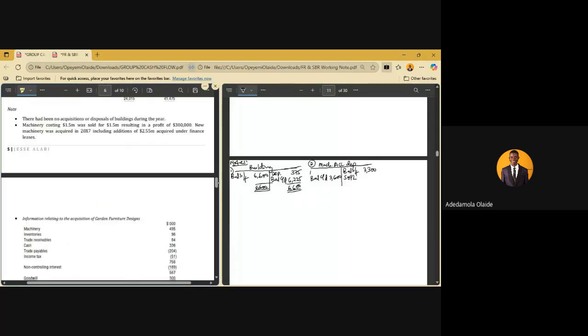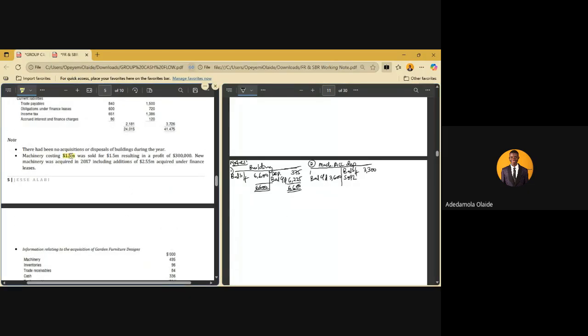We were told that machinery that cost 1.5 million was sold for 1.5 million, but it resulted in a profit of 300,000. The only way it would have resulted in a profit of 300,000 is because there was depreciation. The accumulated depreciation on the asset disposed is 300. Are we getting it?